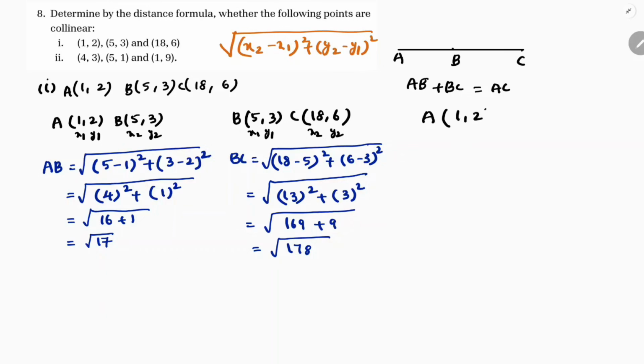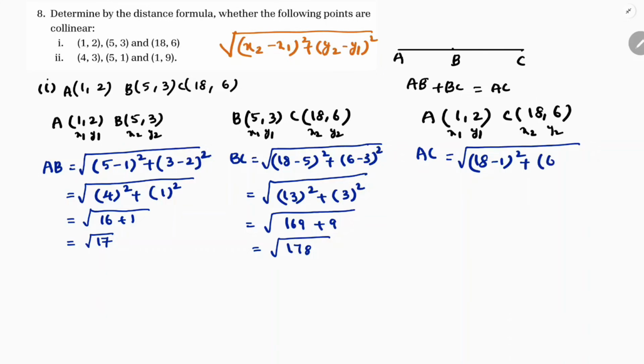Now next one, AC. A is 1, 2 and C is 18, 6. So here x1, y1, x2, y2. So if we find the AC distance, under root 18 minus 1 whole square plus 6 minus 2 whole square. 18 minus 1 whole square is 17 square, 4 square.